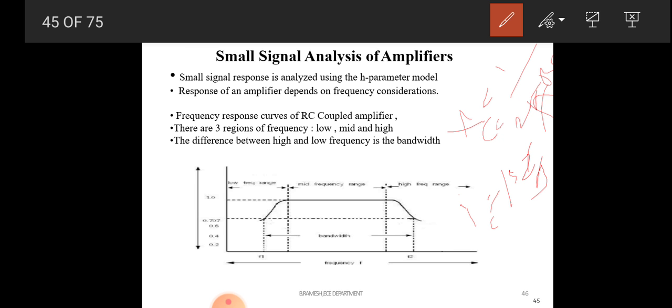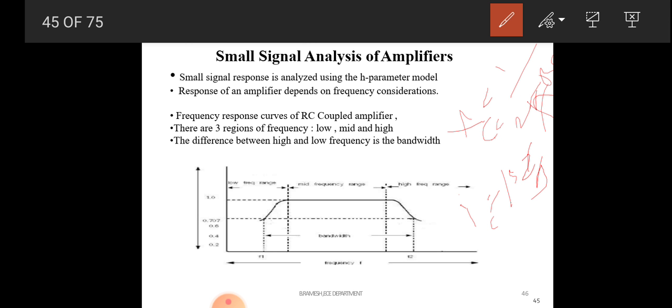Why not Y parameter and Z parameter? By using Z parameter we can calculate only impedance, and by using Y parameter we can calculate only admittance. That is the reason we are not taking Z parameter and Y parameter for analysis purposes.